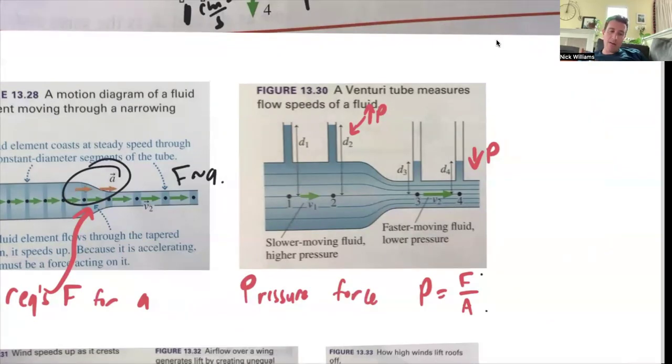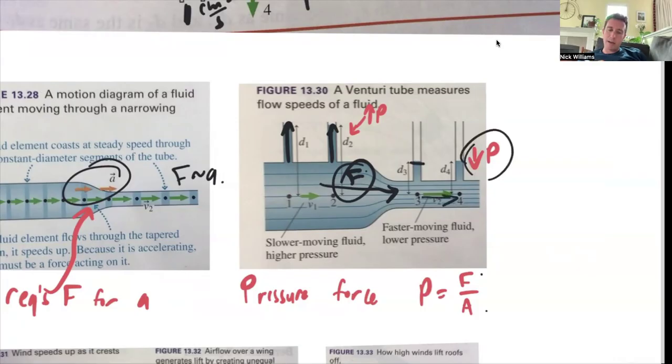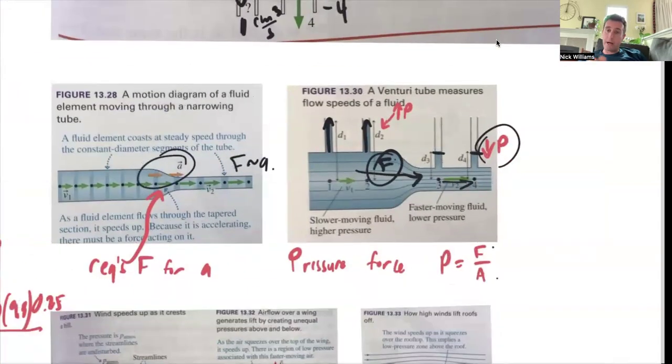I need to have that acceleration right here, which means I need the force to be right here, which means I'm going to have higher pressure, and I'll see that higher pressure with higher heights on my fluids. And here, where the water is going faster, I'll have lower pressure, and I'll see that with the lower heights because it's the force over the area.